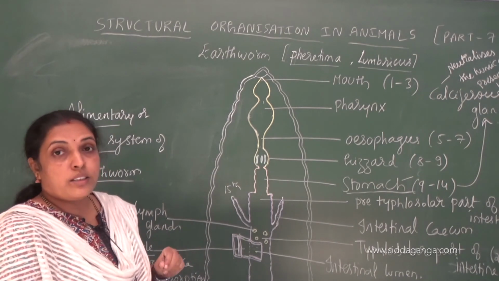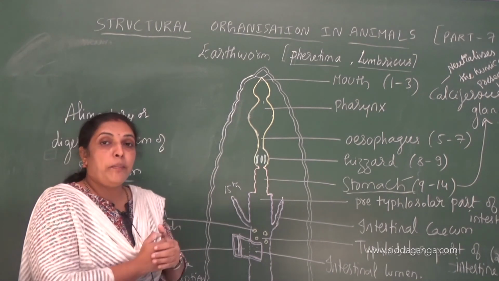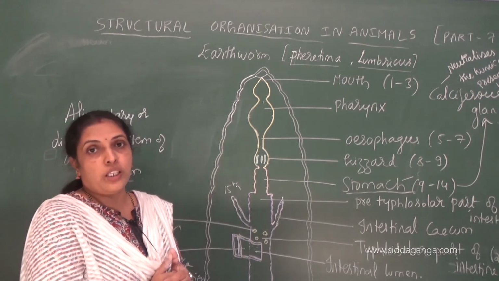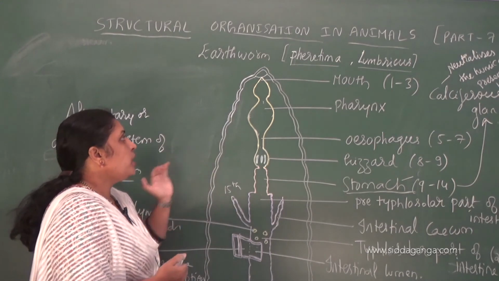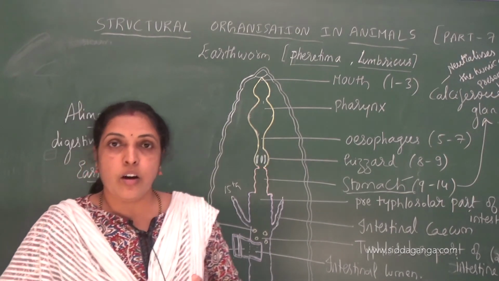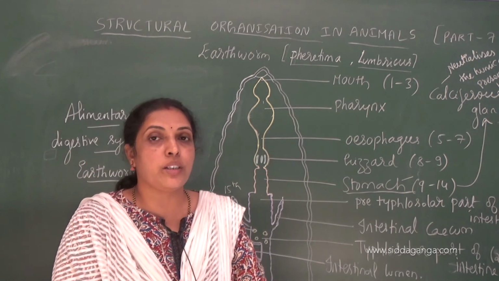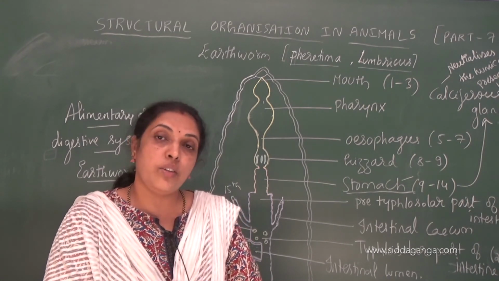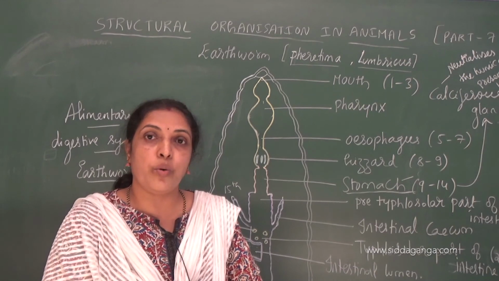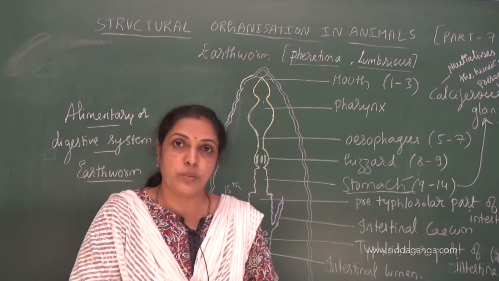Metameric segmentation is also seen in this phylum Annelida. So that is about the anatomy of the earthworm. In the next class, we will discuss the circulatory, excretory, nervous and reproductive systems of the earthworm. Understood? Thank you.